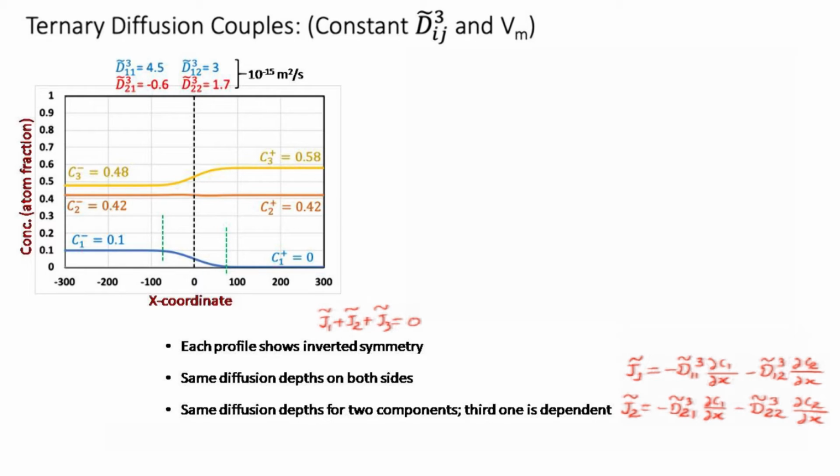Even if one of the fluxes goes to 0 earlier than the others, then the other 2 should still satisfy this equation, which means at least 2 components should show the same diffusion depth, if not all 3. This is an important point because in a ternary there are 2 independent components and the third one is dependent.